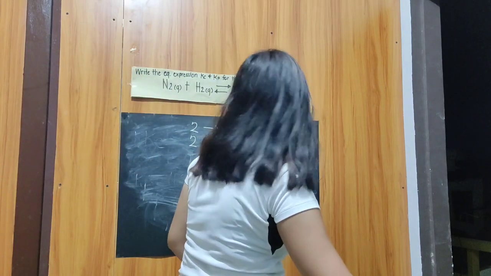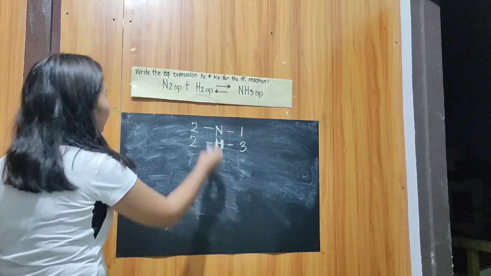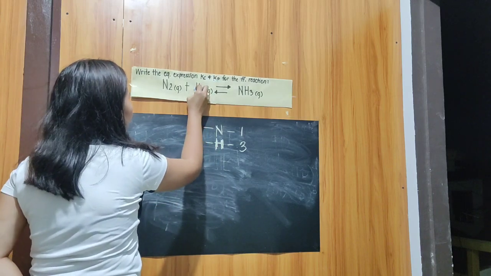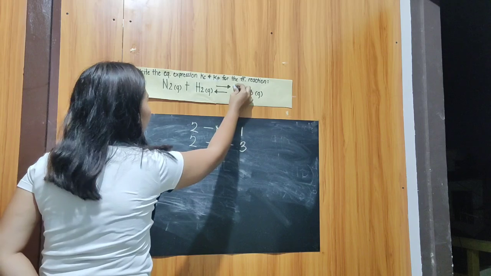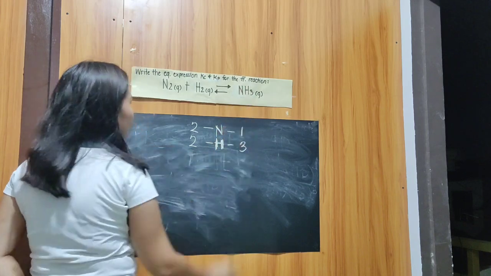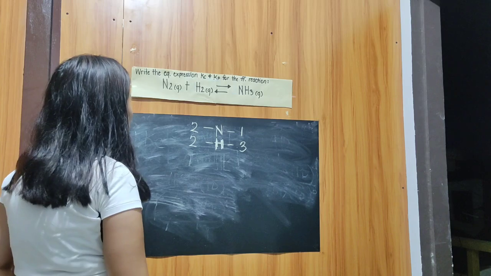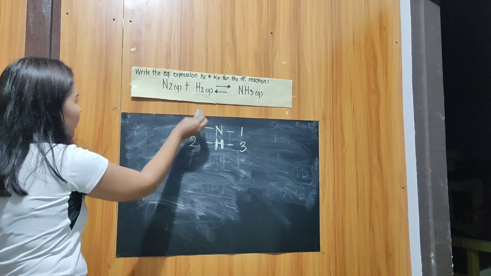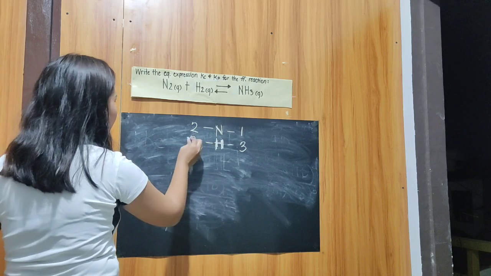So let's put coefficients to make it balance. So 3, 2. So nitrogen is the same. The hydrogen is 3 times 2, 6.